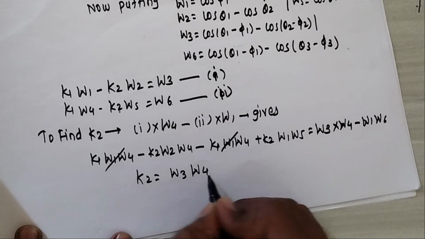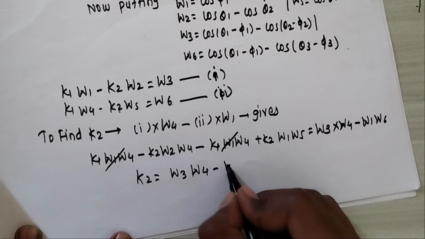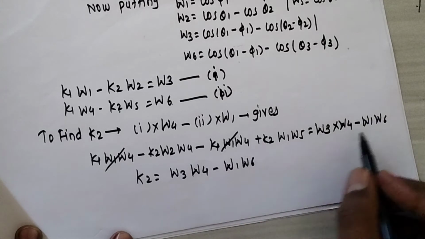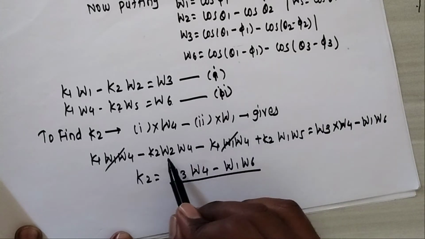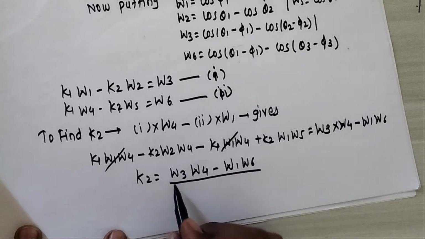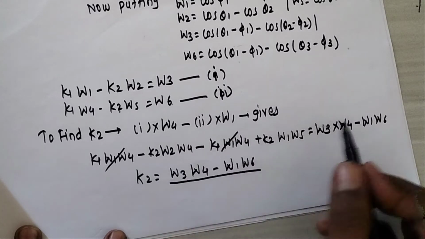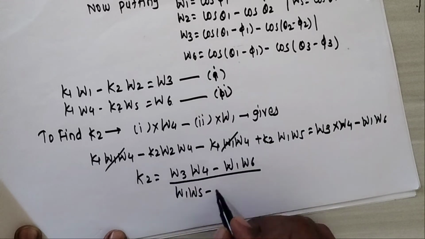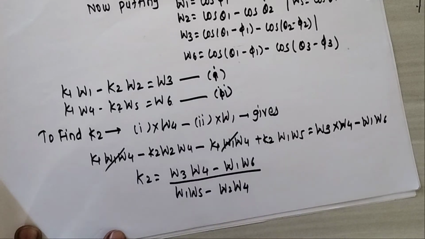So W3 W4 minus this W1 W6, this term, divided by, when you take common this K2, it will be W2 W4 and W1 W5. So it will be, as it is on that side, W1 W5 minus this, minus W2 W4. It is the value of K2.